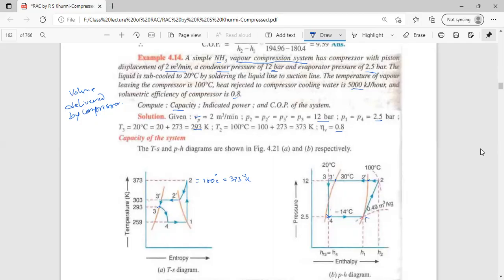T3 is the exit temperature after the subcooling, given as 293 itself, T2 is 373 here, and the volumetric efficiency is given as 0.8. Now, what is the diagram giving us?